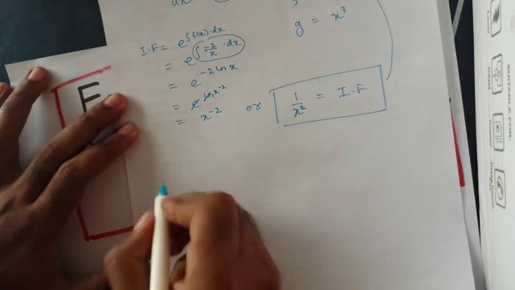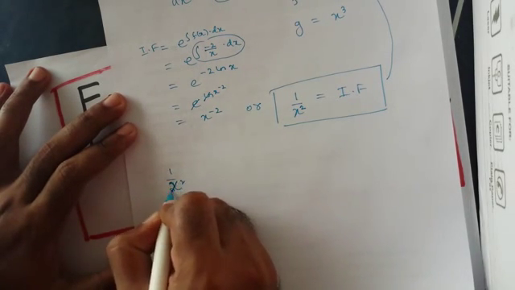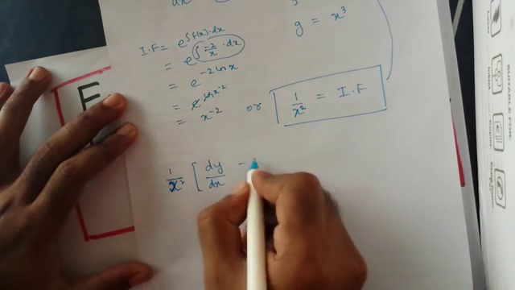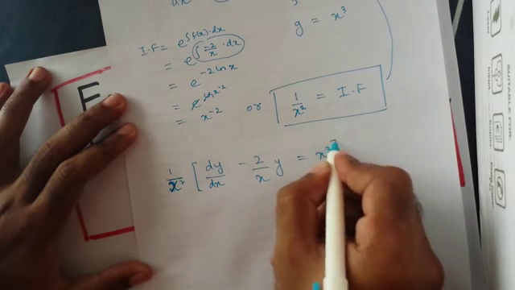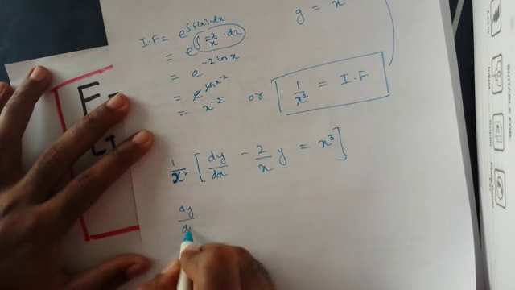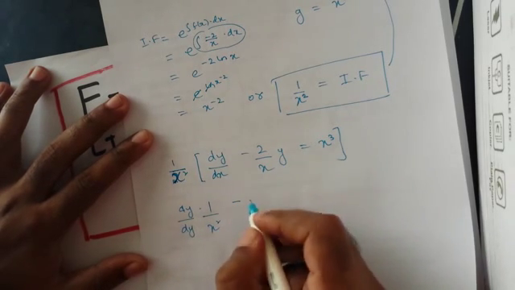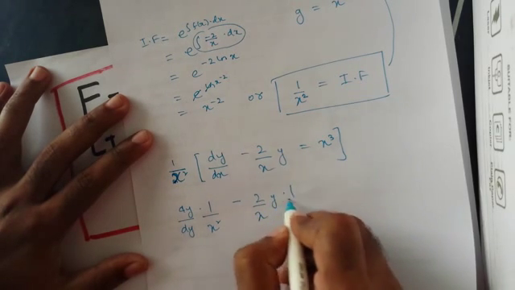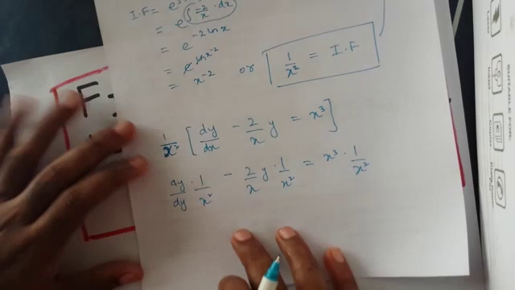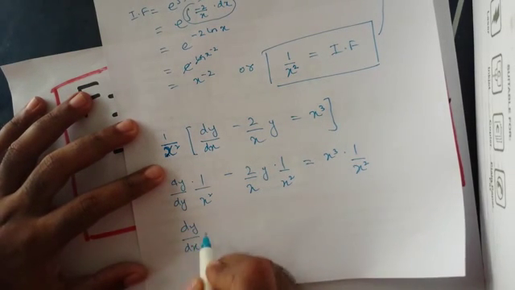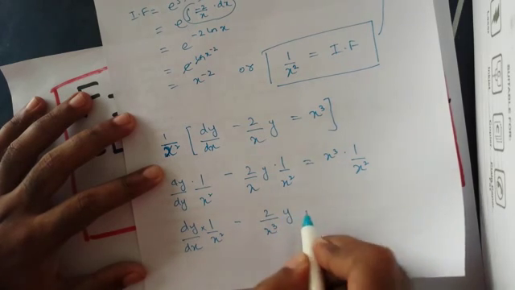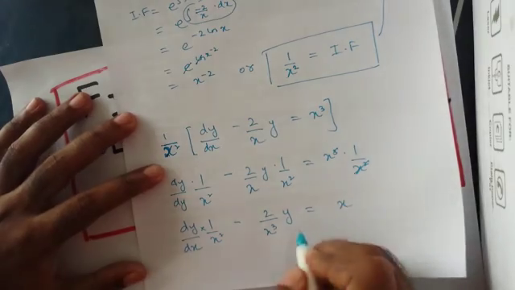So 1 over x squared, which is our integrating factor, multiplied by our equation, becomes dy over dx times 1 over x squared, minus 2 over x times y times 1 over x squared, equals x cubed times 1 over x squared. This first term would remain as it is, the second would become 2 over x cubed times y, and on the right side the terms cancel out, so we're left with x.